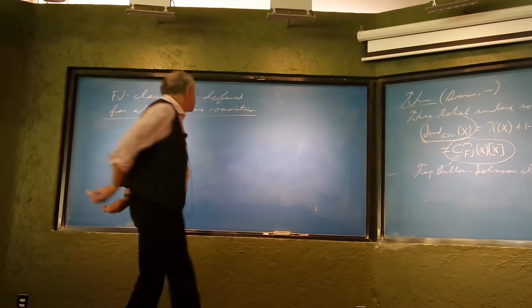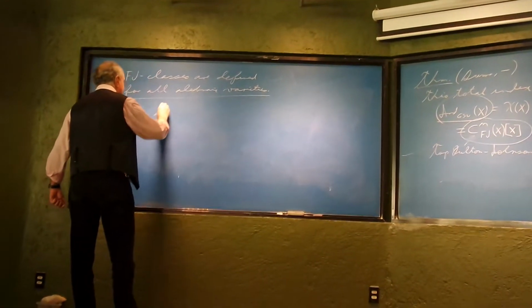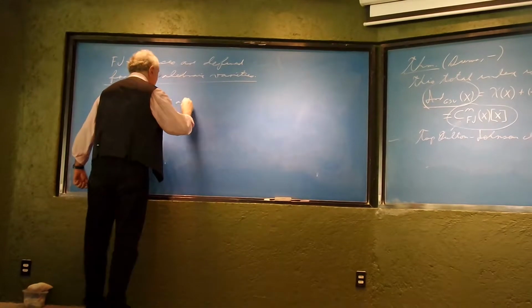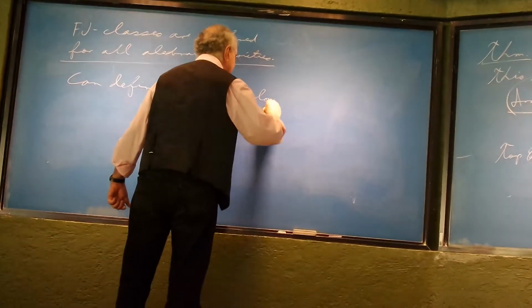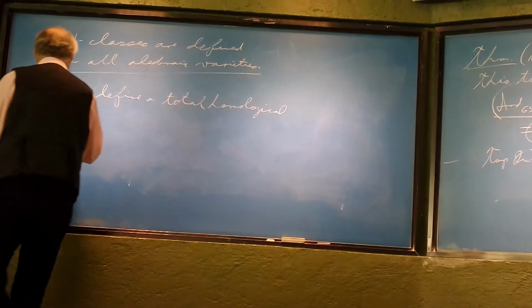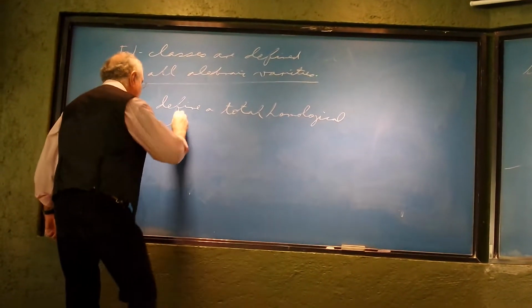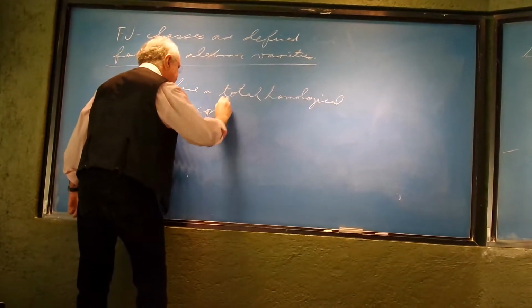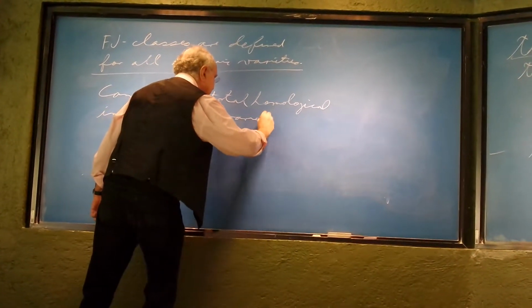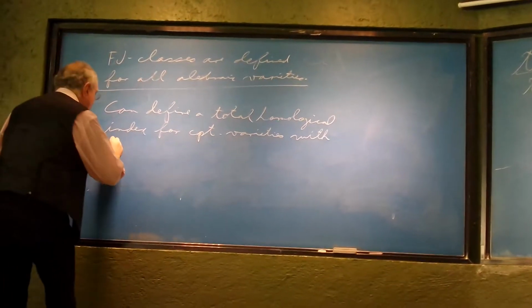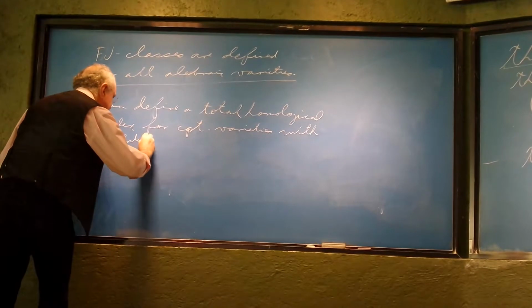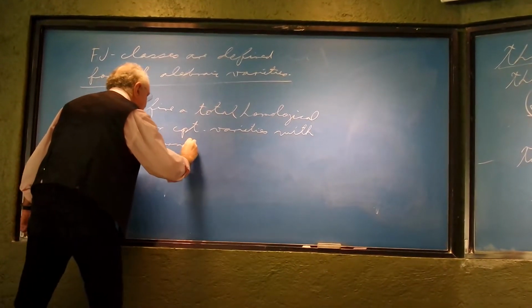Okay? So one can define a total homological index for compact varieties with normal singularities.